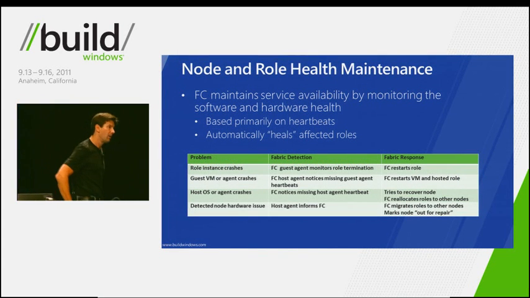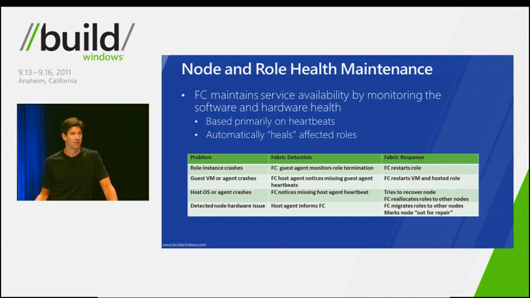Finally, let's talk about health. Part of the Fabric Controller's job is monitoring the health of data center resources as well as your services. This chart right here shows you, quick and dirty, what we do when we detect certain problems. If we detect, for example, that the guest agent has crashed or the VM has crashed, we will recycle that container.